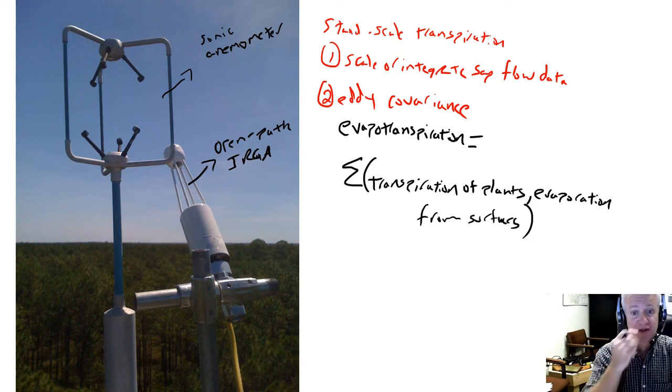So it's not just transpiration of plants upwind, it's also any evaporation from surfaces that might include bodies of water.